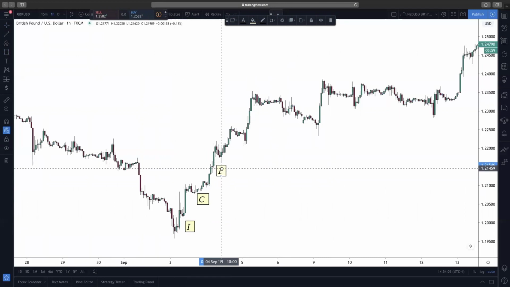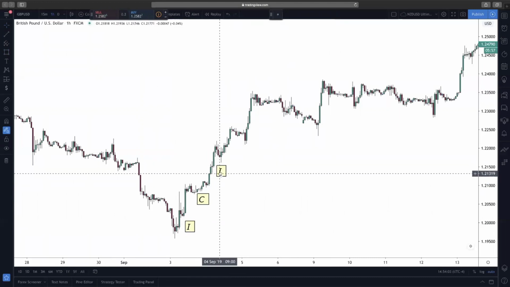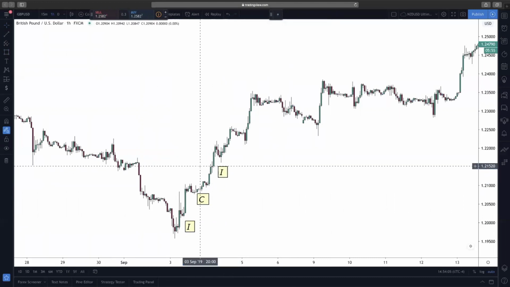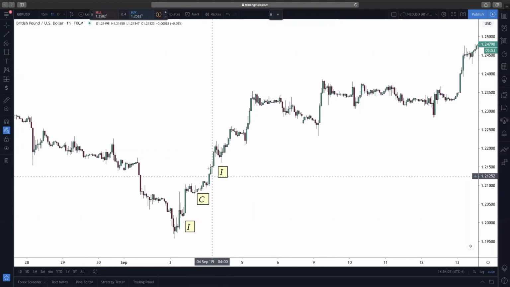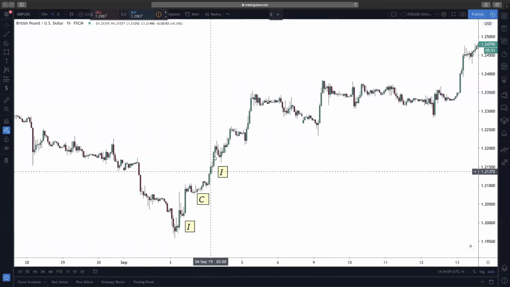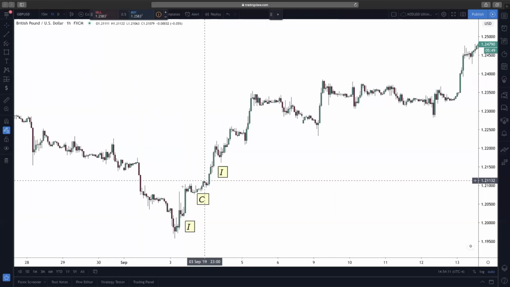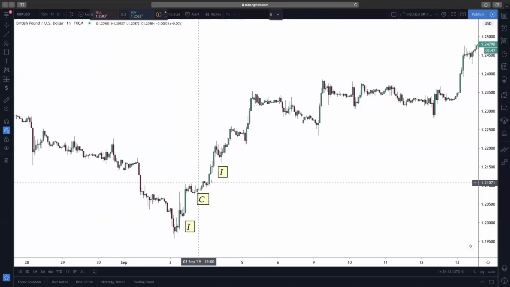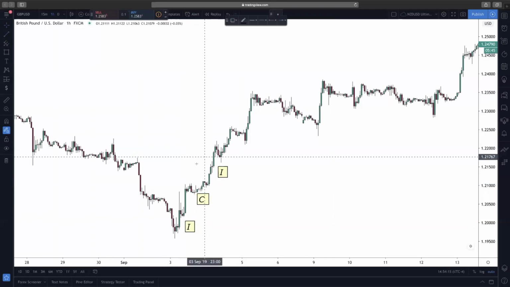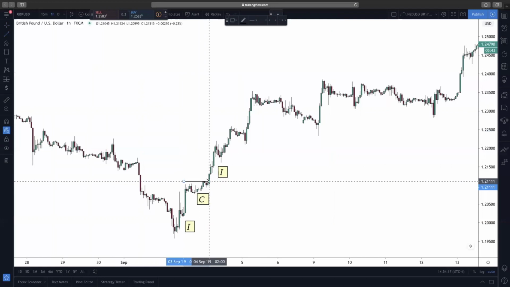And then after that, let me just leave this here. We have another impulse. So what's another condition of an impulse? I would say break of structure. So here we have that virtual resistance line that a lot of retail traders are drawing right here, right?